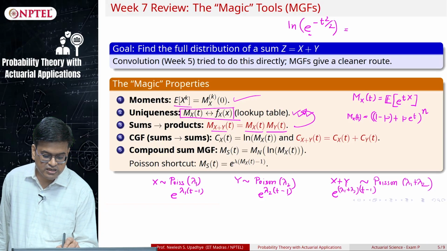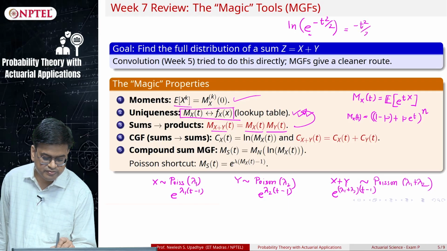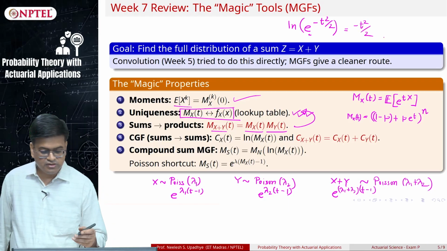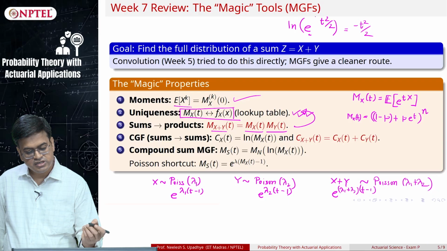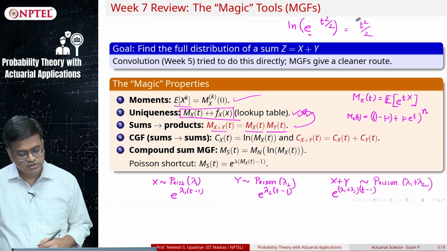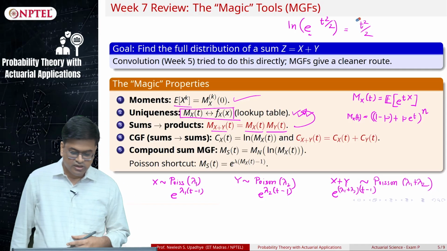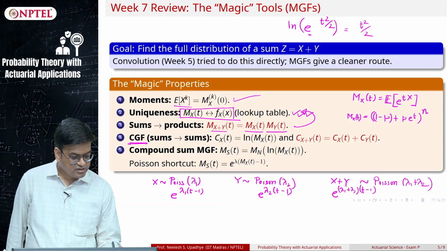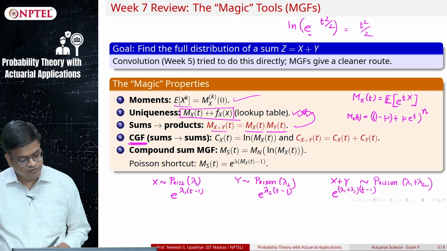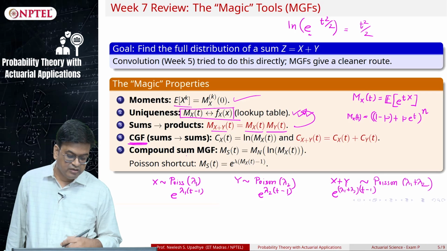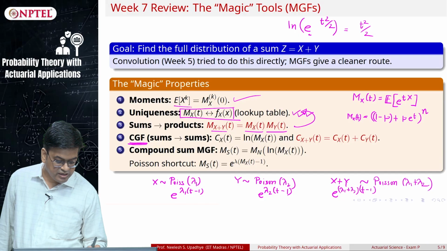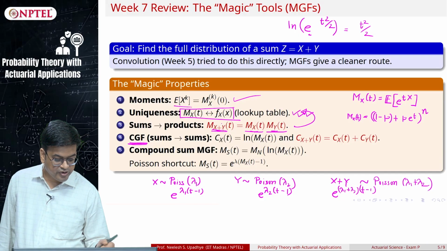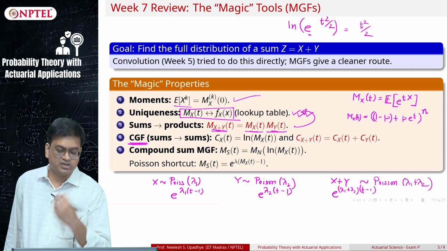So this will essentially give me t square by 2, right. So this will naturally give me this particular thing, and that is where the next thing, which is CGF, cumulant generating functions, came into play. So what is the problem here? Here I had products. Now I want to get rid of products and I should treat sums for sums.